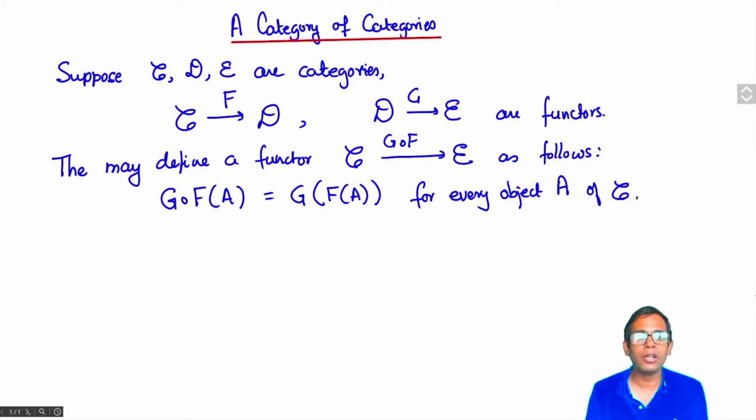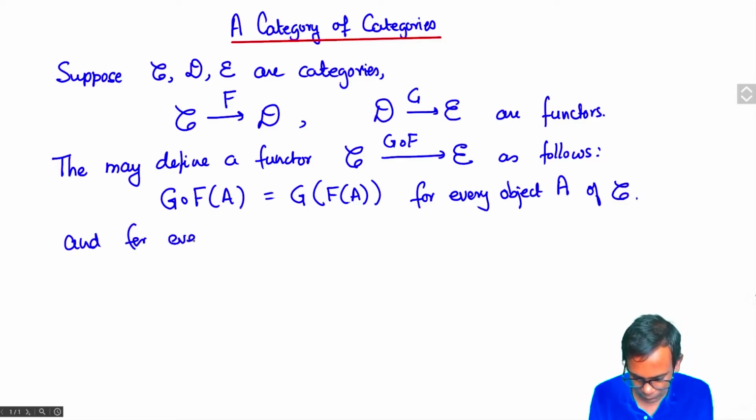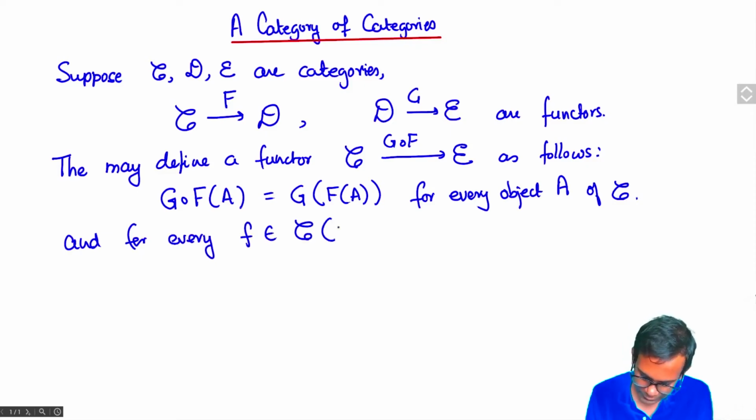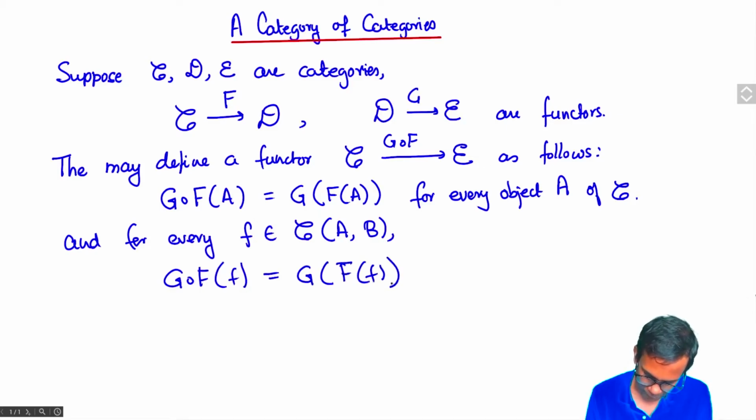And on the level of morphisms, we can define it similarly. For every arrow f in the category C from A to B, we can define G circle F of f to be G of F of f.